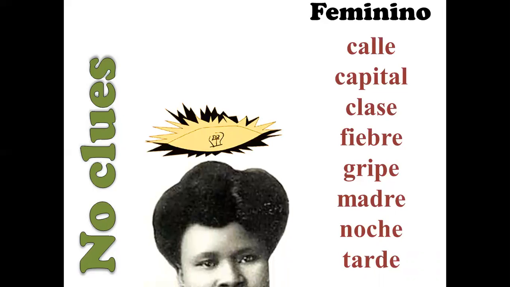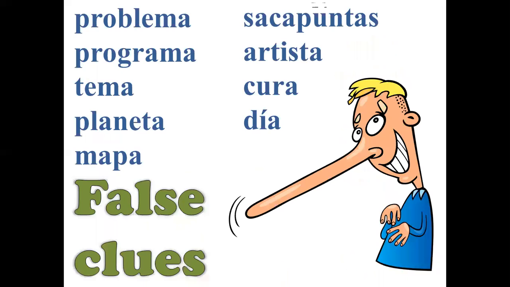And you can. Every time you learn a new noun, just learn that it's masculine or feminine. All right. There are a few that are completely false clues. All right, they have false clues. Problema is masculine. Programa, tema, planeta, mapa.